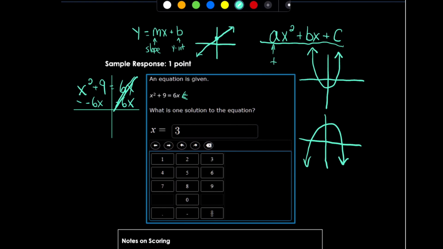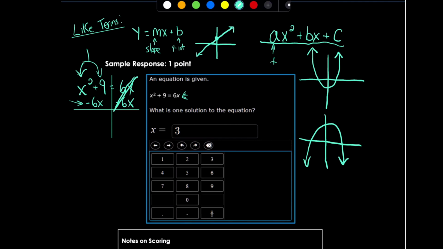This 6x cannot combine with anything up here because remember what this is. We're looking for like terms. I know I'm hitting you with a lot of definitions that we learned over the course of a year, so I'm going to try to slow it down a little bit.